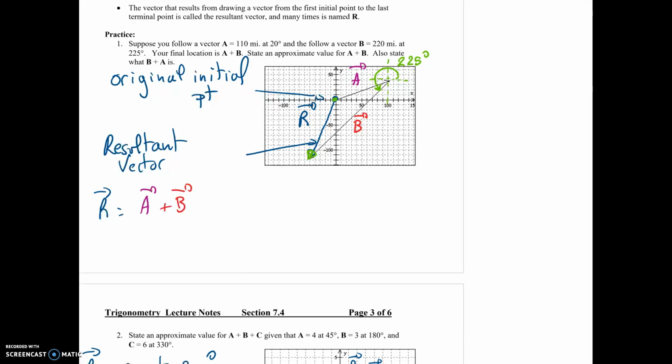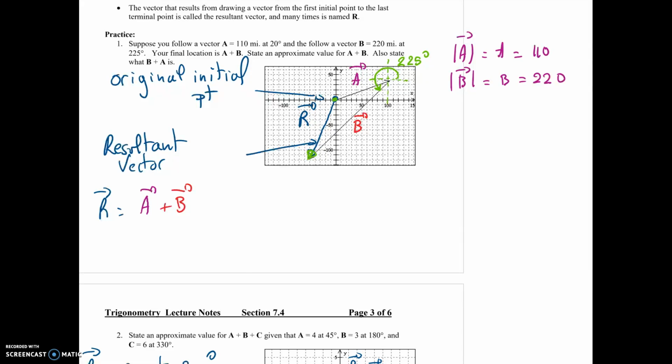I know that the magnitude of A equals 110. I know that the magnitude of B equals 220. So what is the distance?